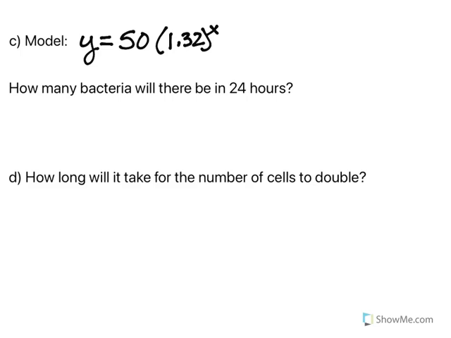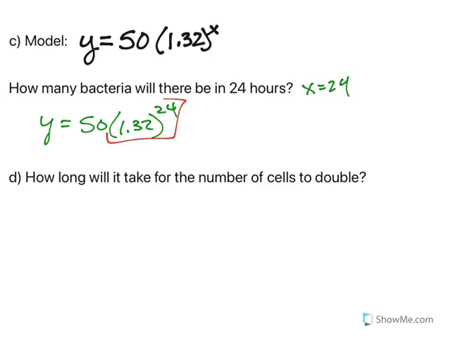How many bacteria will there be in 24 hours? So if x is 24, I substitute in 50 times 1.32 raised to the 24th power. Whew, y'all, this is real fun. So exponent first, so we would have 50 times, and this is going to be roughly 783.0226935, continues on.